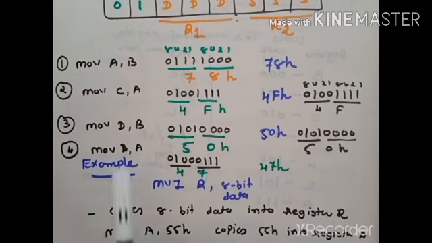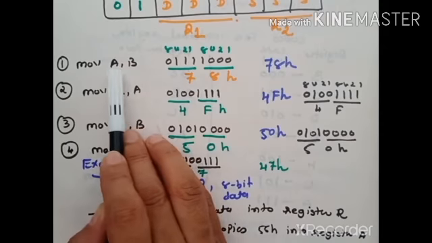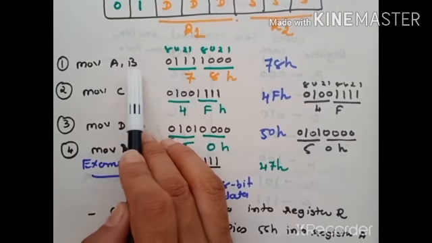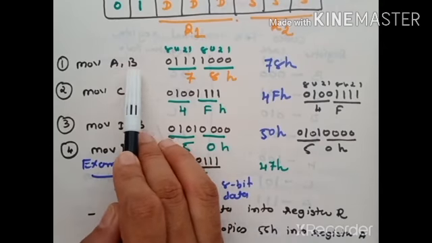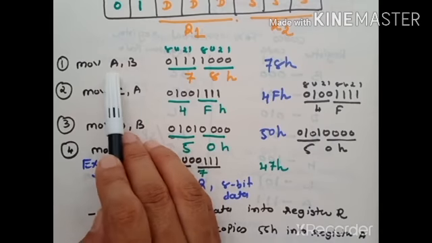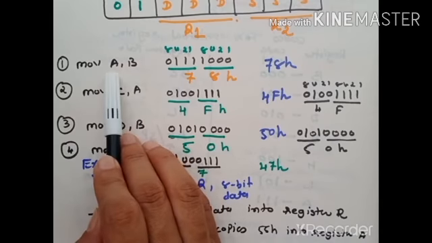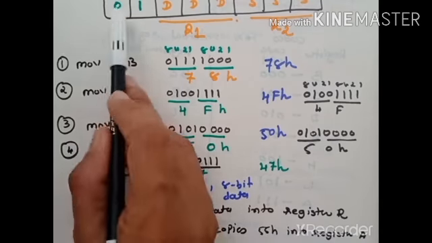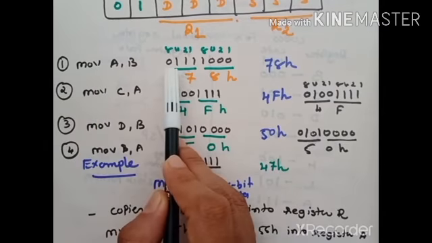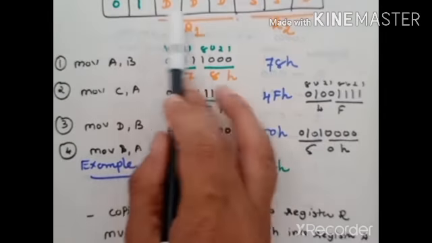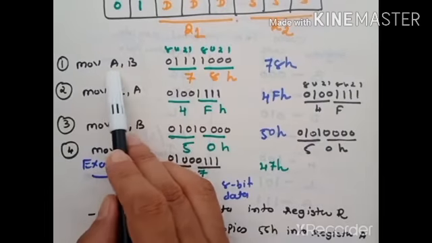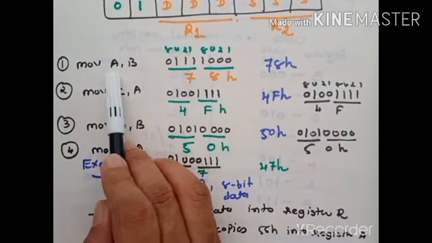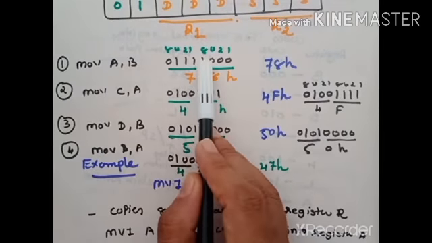Then an example like MOV A,B. In this, B register is the source register and A register is the destination register. So first 01 is fixed, then as the destination register, which register is used? A. The equivalent code for A is 111.